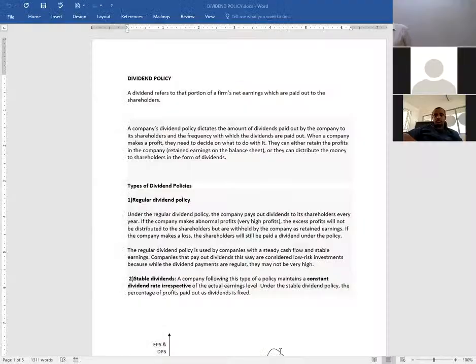So, ladies and gentlemen, this is quite an interesting question that I would want us to do. It talks about the dividend irrelevance theory.